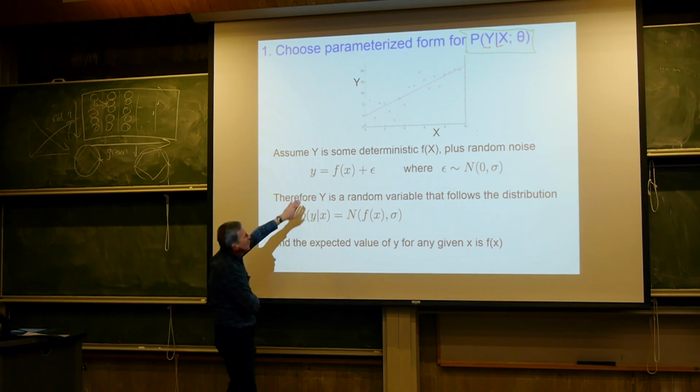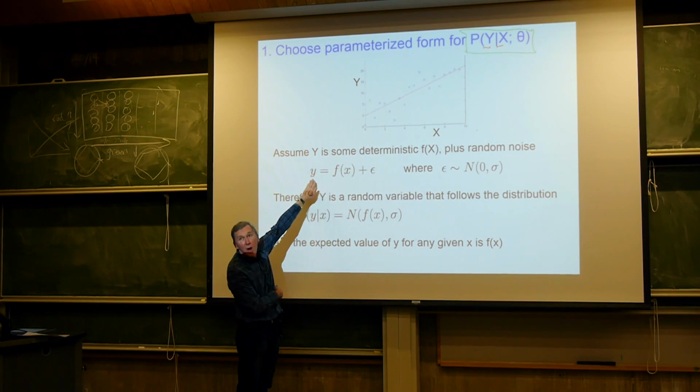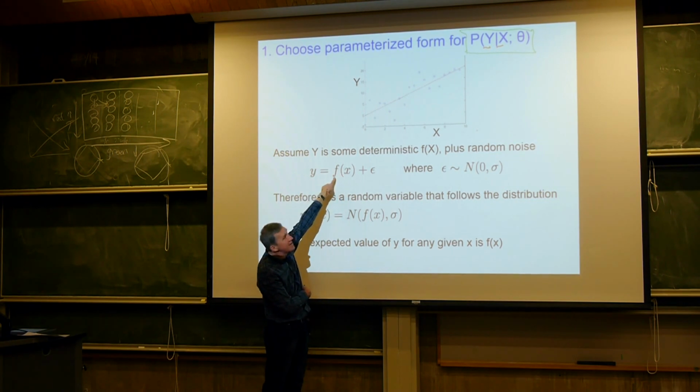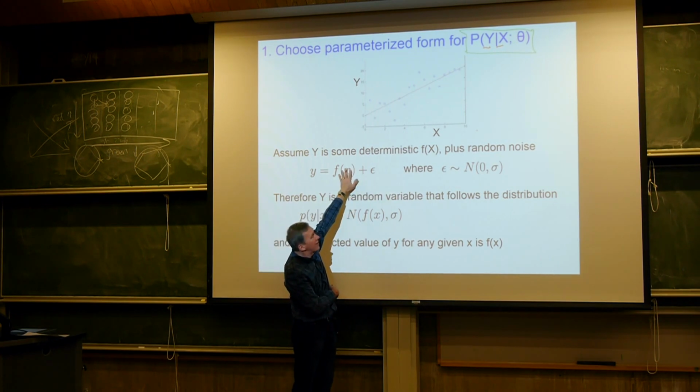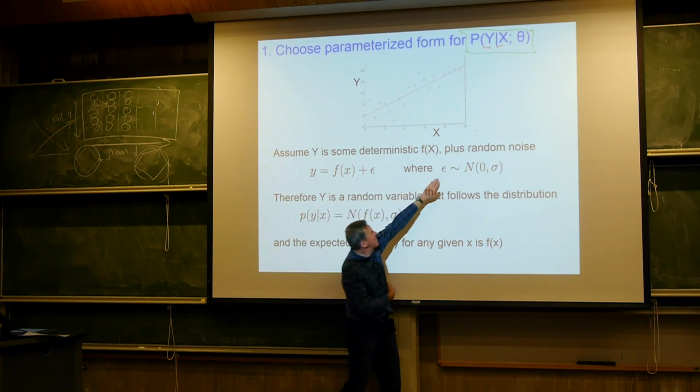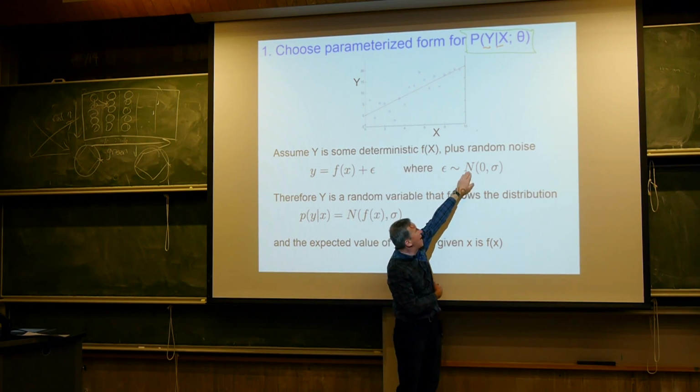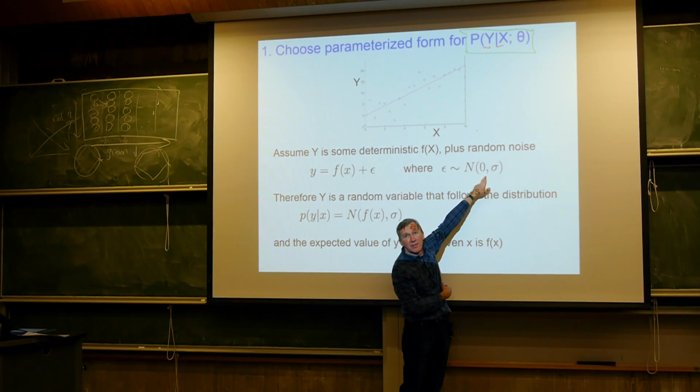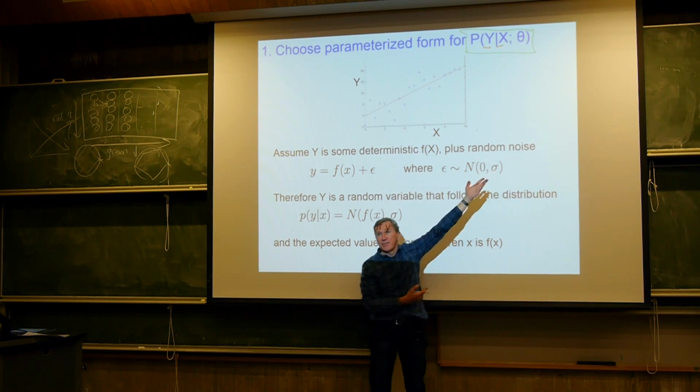The assumption I'm going to make is that the observed y is the result of some deterministic function that operates on x and gives me a value y. Then the noise-free value of that function is perturbed by adding in a random variable epsilon, which is noise. Furthermore, I'll assume that that noise itself is just a Gaussian distribution with mean 0 and some variance.